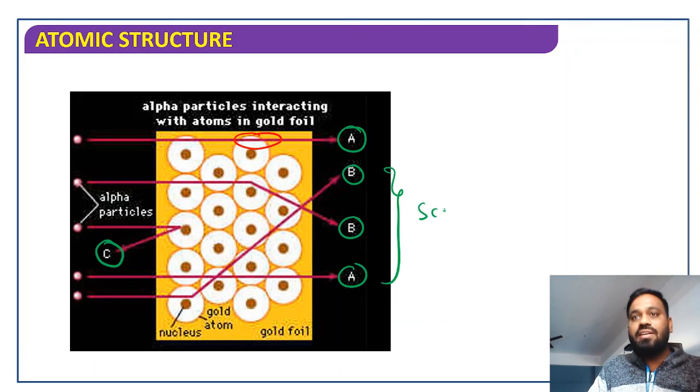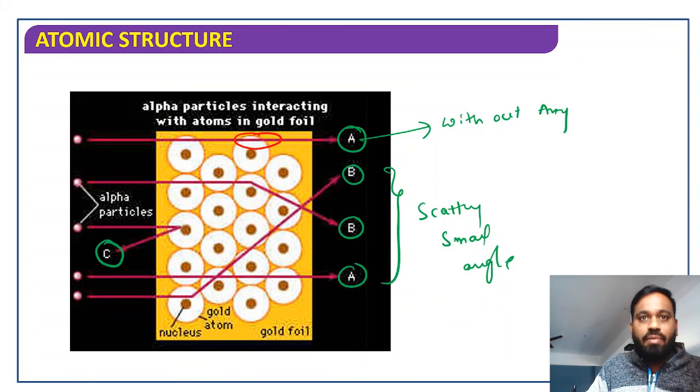These alpha particles come without any deflection and strike the sulfide plate, but one of the alpha particles is bounced back.